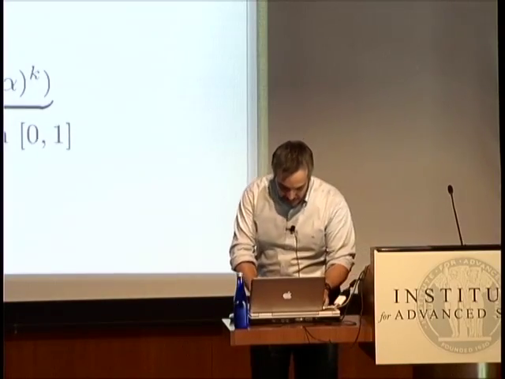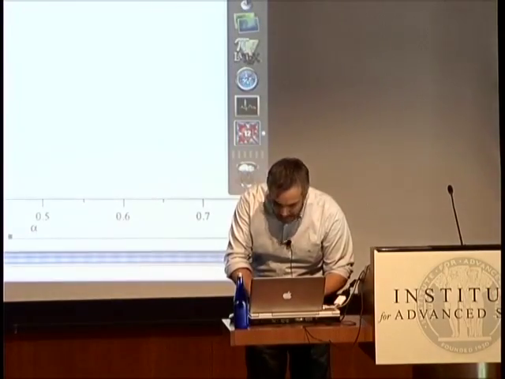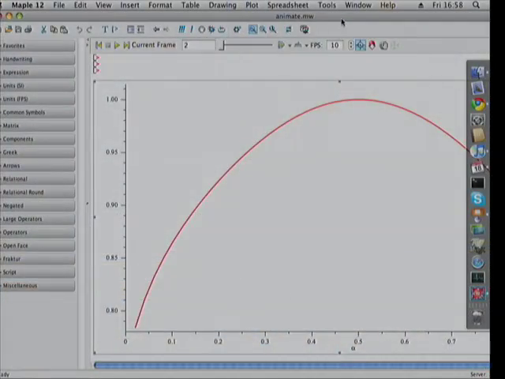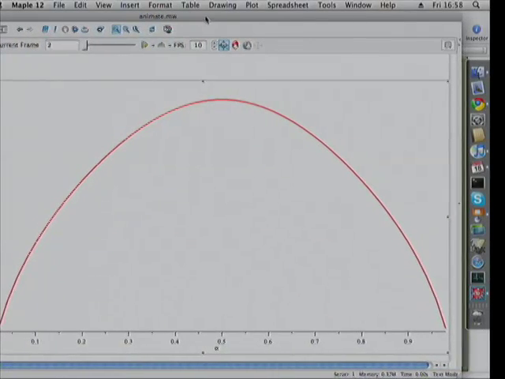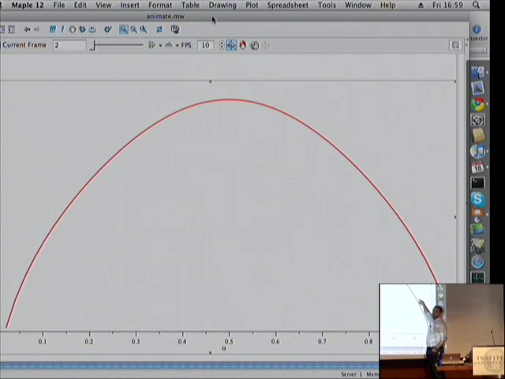So let me now try to show you a small animation. The horizontal axis is alpha, the normalized Hamming distance between pairs of solutions. And the vertical axis is a number such that if you raise this to the power n, it tells you how many pairs of solutions have this normalized distance.